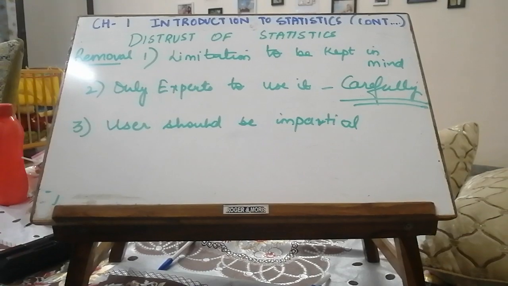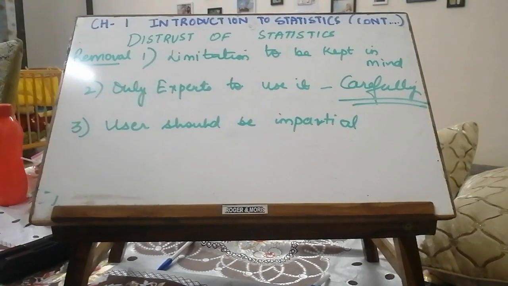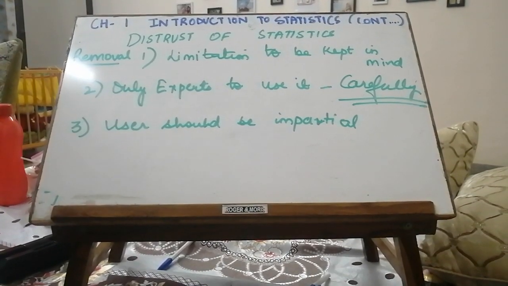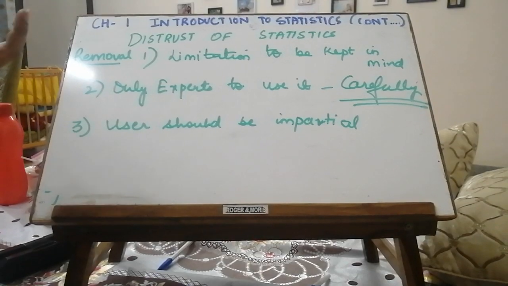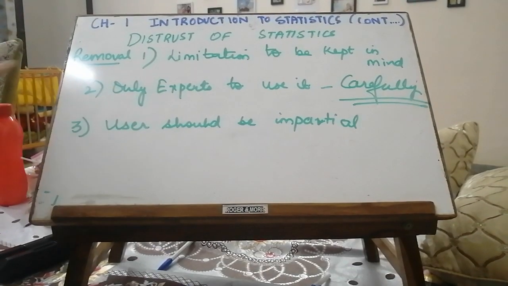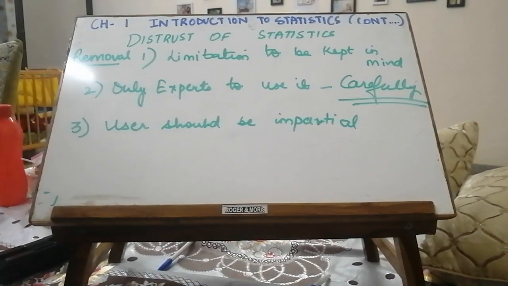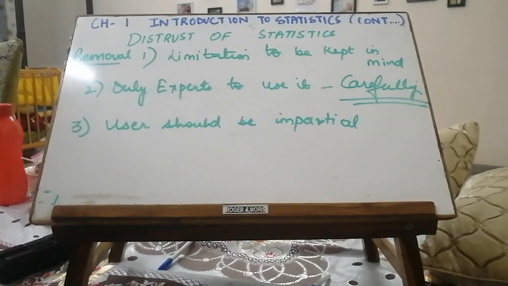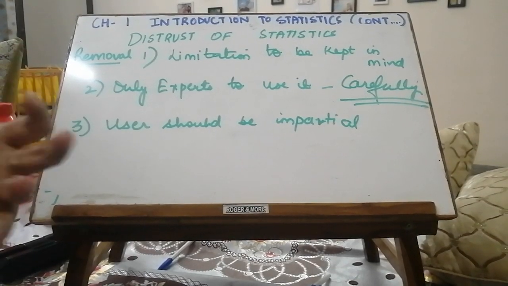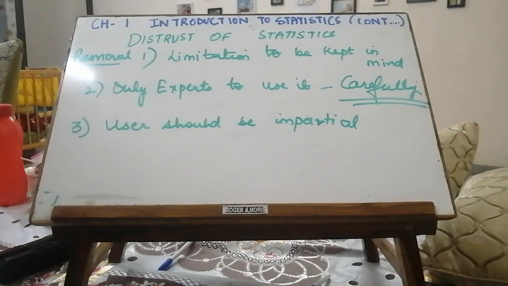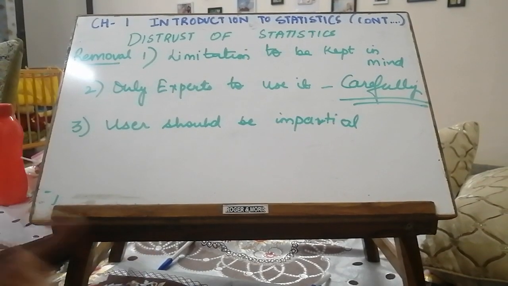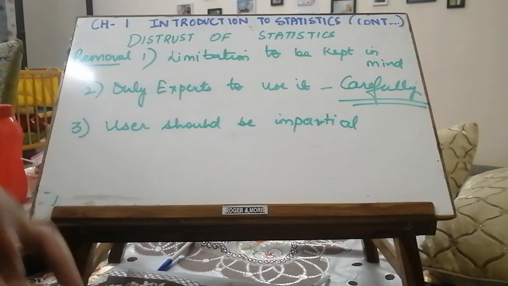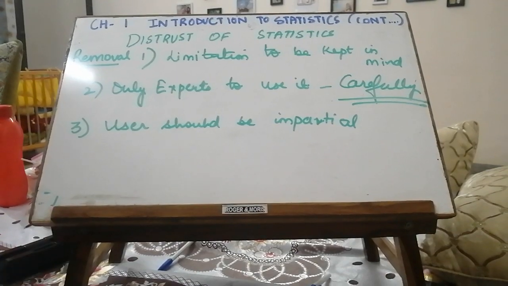Because distrust can also be caused by people who are incompetent or who have incomplete knowledge of statistics. That is also one of the causes which I did not discuss, but now I am telling you. So definitely a new learner, a beginner or a naive person should not use statistics or present any analysis because his knowledge is still incomplete.